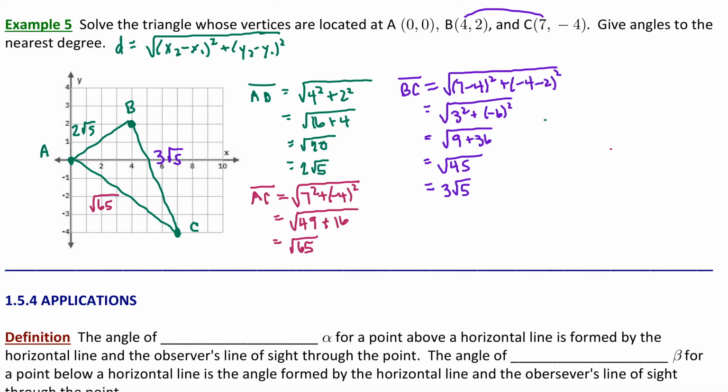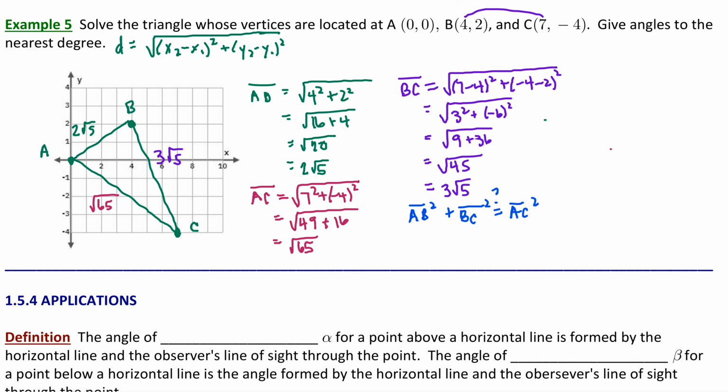Now we can use these 3 lengths to verify that this is a right triangle. Remember, the hypotenuse is always the longest leg. The longest length here is square root of 65. So let's test it out to see if it obeys Pythagorean theorem. We're going to see, does segment AB squared plus segment BC squared equal segment AC squared?